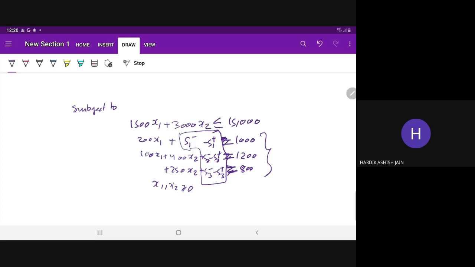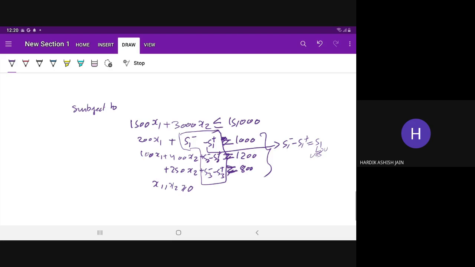I'm saying that this is S1 minus minus S1 plus. Let's say it is S1. So S1 is URS. It may be negative, it may be positive, it may be 0. I'm not saying that it is a URS. It looks like a URS.